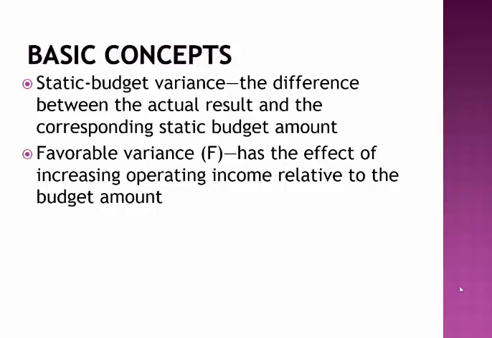All right, so let's talk about favorable for a moment. If our actual revenues are greater than our planned revenues, that's a good thing, right? Okay, so with revenues, actual that is higher than what we originally had planned is a favorable variance. On the other hand, if our actual results in revenues are less than what we had planned, then that is what is called an unfavorable variance.